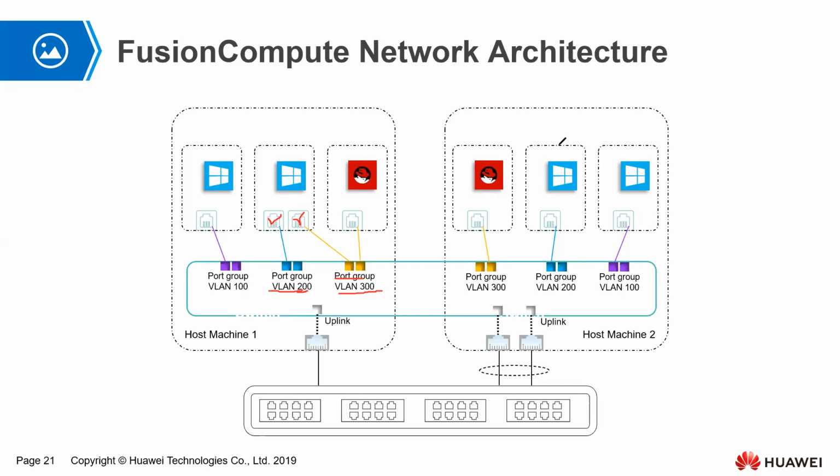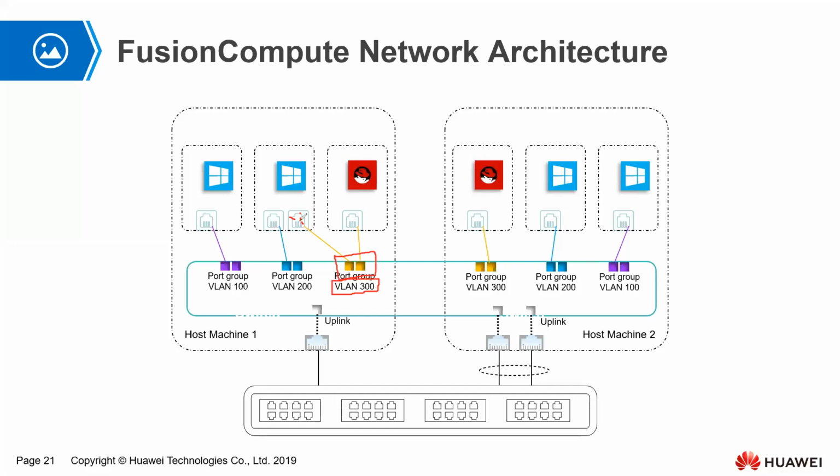So this virtual machine will be able to send traffic through this network interface card to this virtual machine here, because they belong to the same virtual area network of 300, same port group, same attributes. Okay?